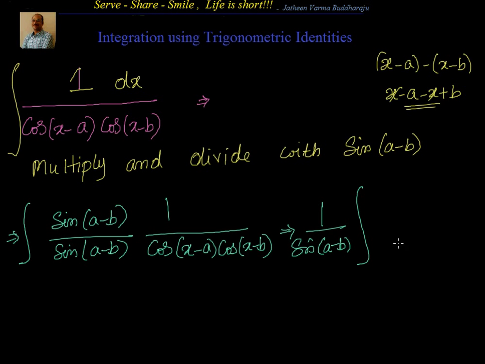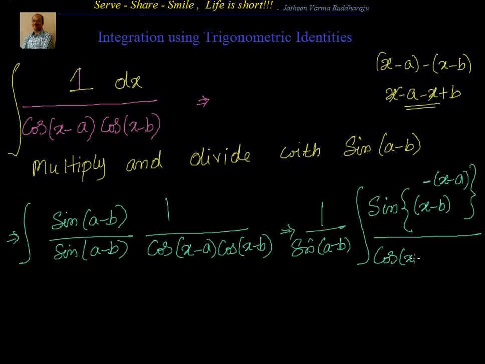I will have the integral of, now this sin of a minus b, I will write it as sin of (x minus b) minus (x minus a). I hope you are okay with that. That divided by cos of x minus a multiplied with cos of x minus b. This is nothing but equal to 1 by sin of a minus b out.